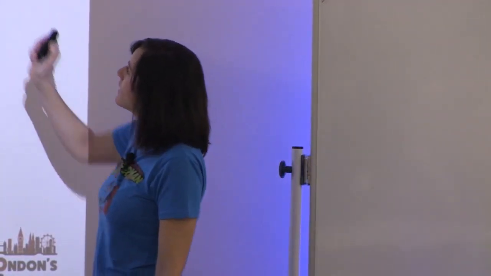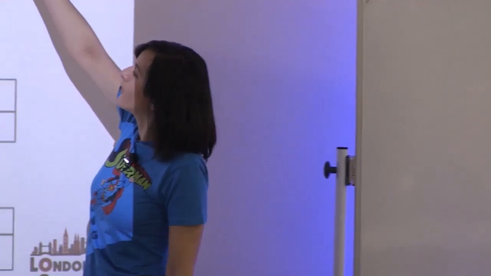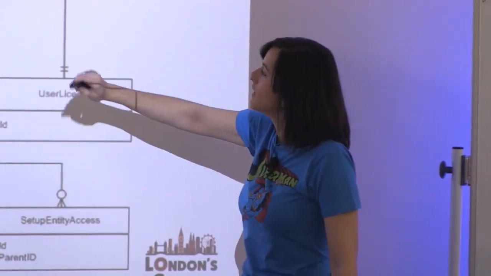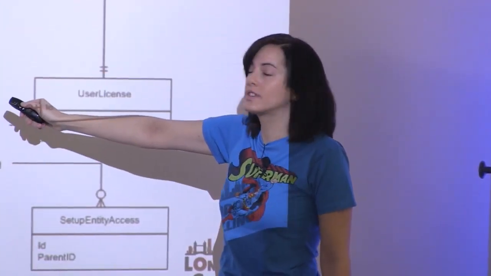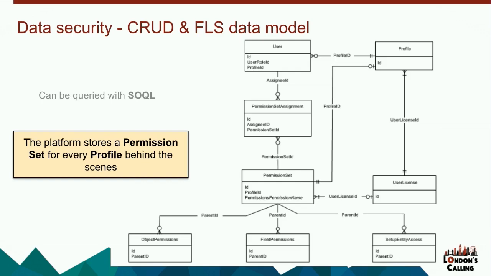So you can see here that each user can have a profile assigned, can have several permission sets assigned, and each permission set is going to have some system permissions, assigns, etc., but also the object permissions and the field permissions. This is the CRUD and this is the FLS. And do you know why we don't have arrows from profile directly to object and field permissions?